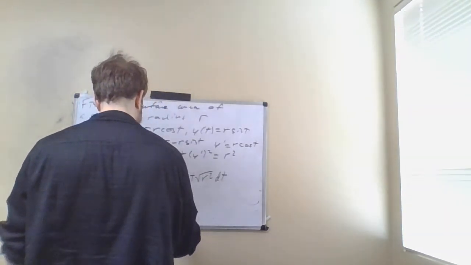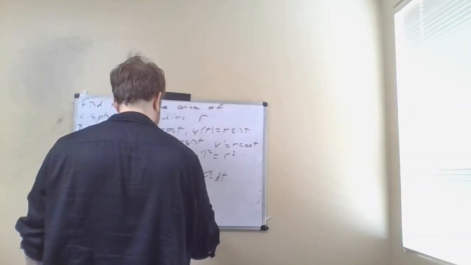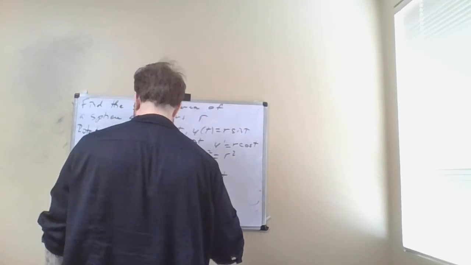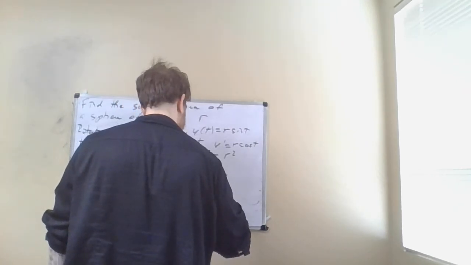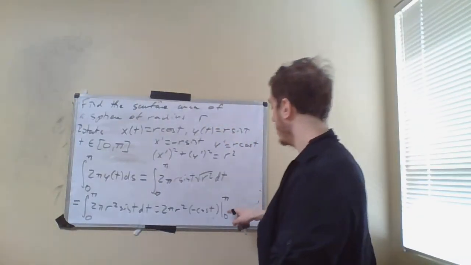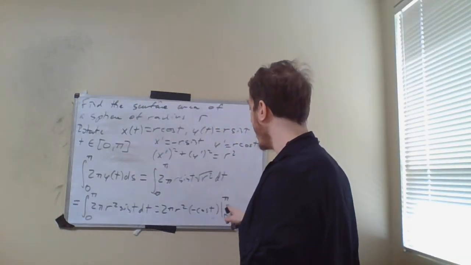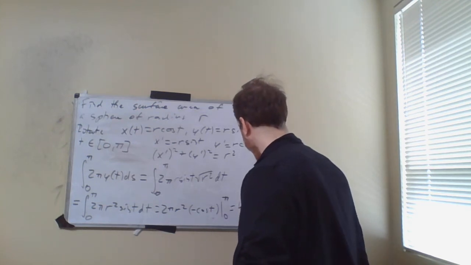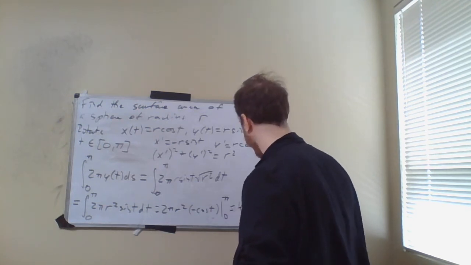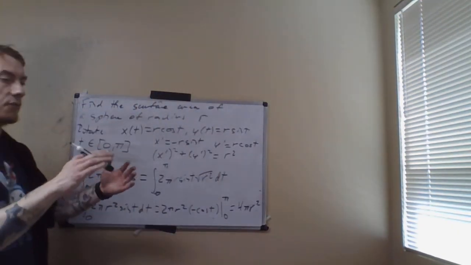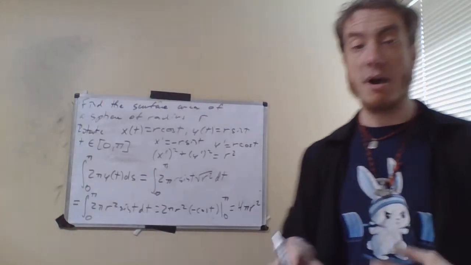This is going to be 2 pi r squared times negative cosine t evaluated from 0 up to pi. And when I evaluate this from 0 up to pi, I pick up another factor of 2. So this comes out to be 4 pi r squared. So the total surface area of a sphere of radius r is 4 pi r squared.